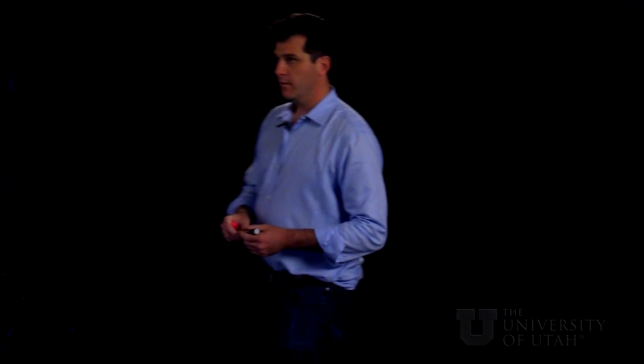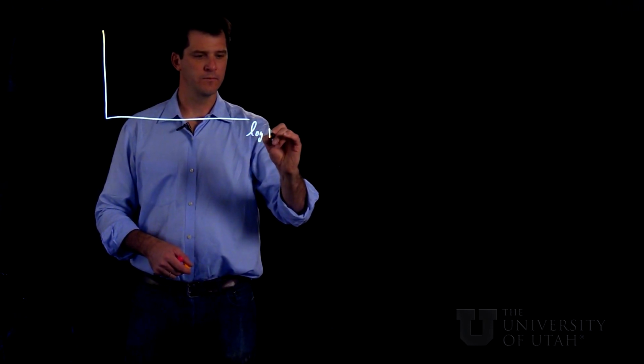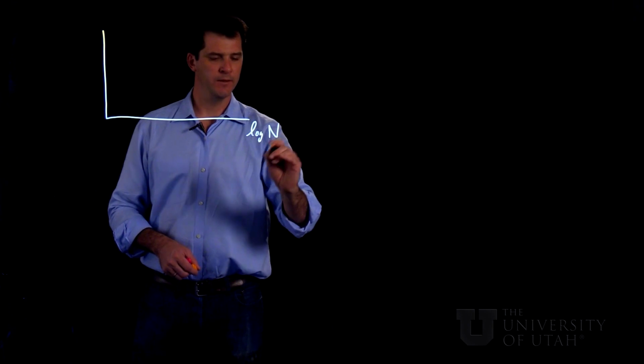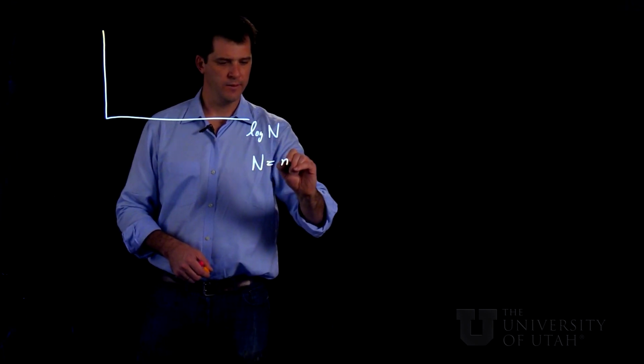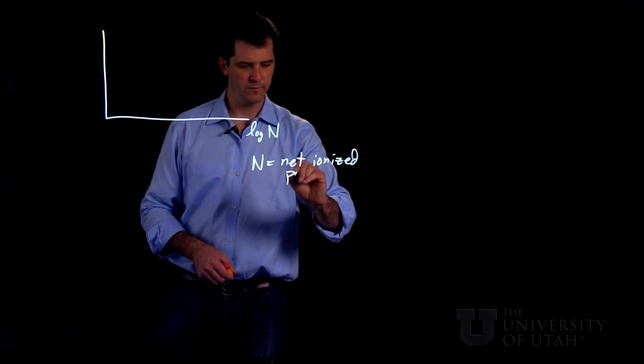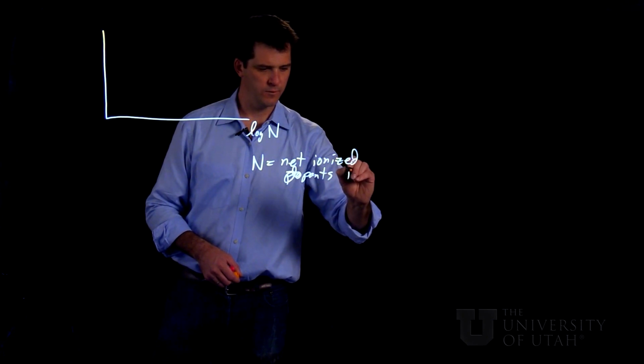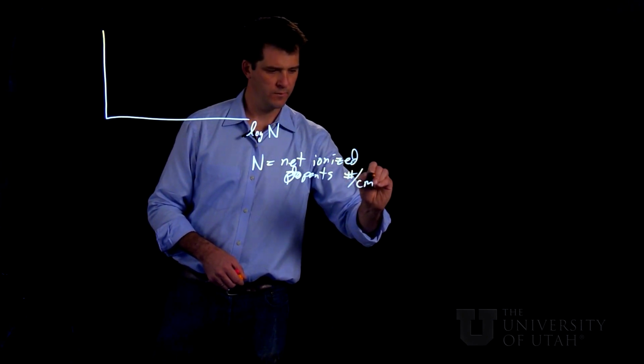So now let's look at the mobility itself and how it changes in a semiconductor as a function of doping first. So if you plot the logarithm of n here, and n is going to be your net ionized dopants per centimeter cubed.